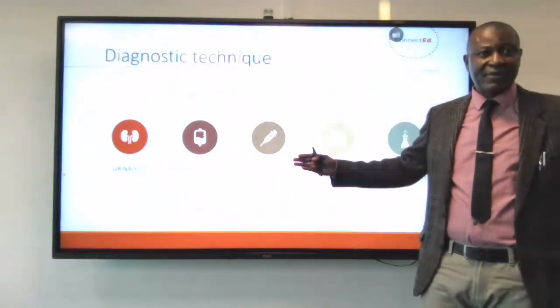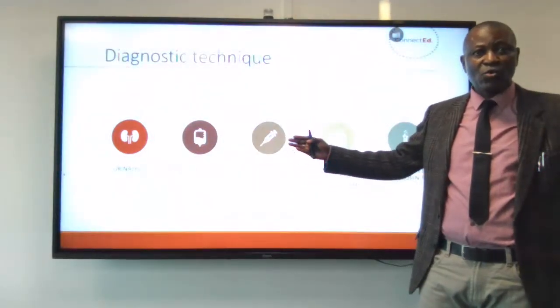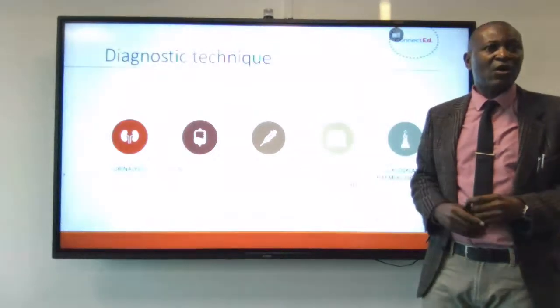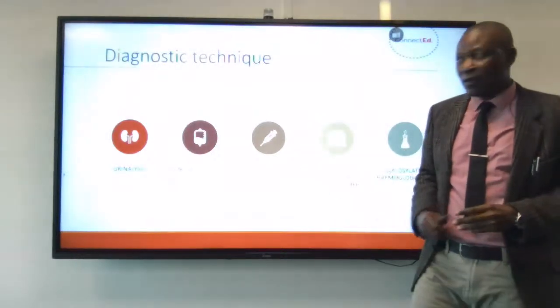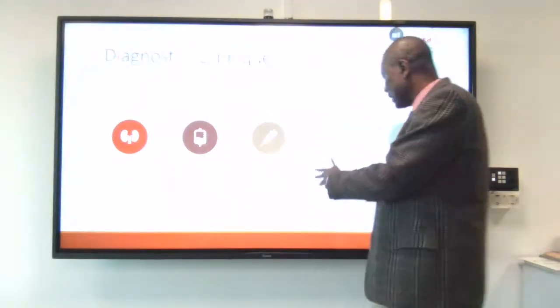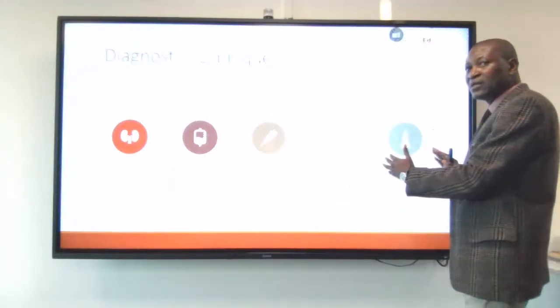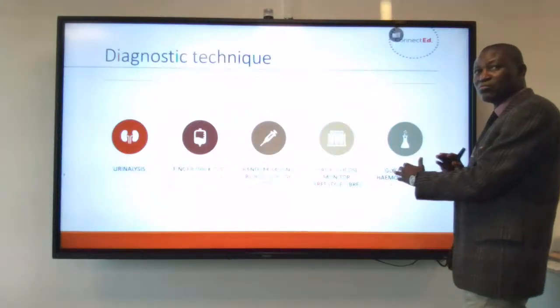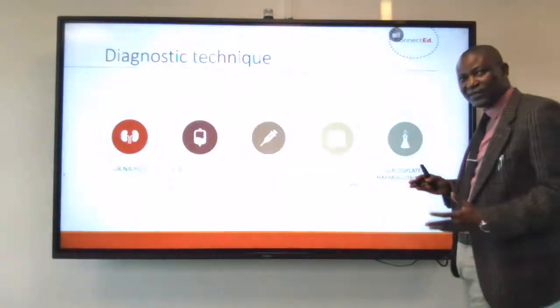So it's got an advantage that you can have the blood glucose level of an individual within a longer period of time. Where all this is going to be on the spot blood glucose level, this gives us a range. The blood glucose level within 2 to 3 months is going to be checked and then the average found.